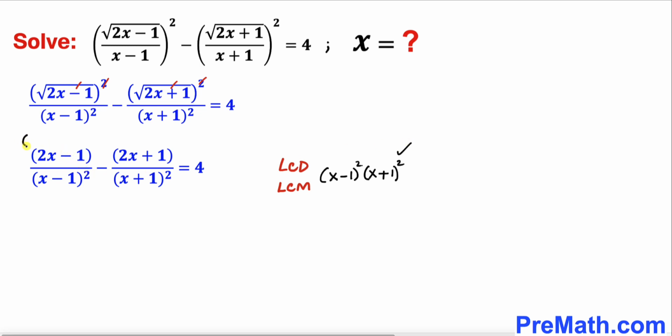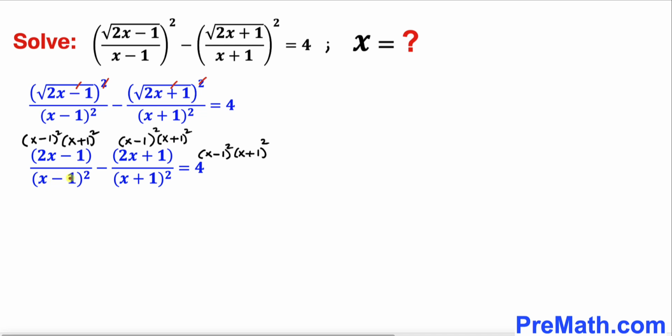I am going to multiply the first fraction by x minus 1 whole square times x plus 1 whole square. And finally on the right hand side we're going to multiply over here as well, x minus 1 whole square times x plus 1 whole square.